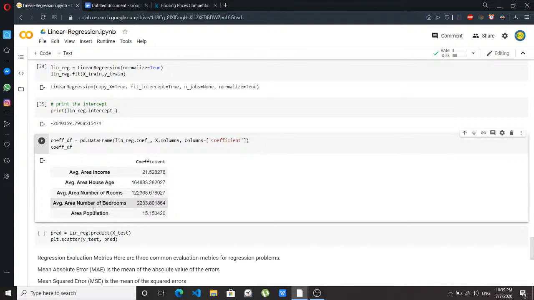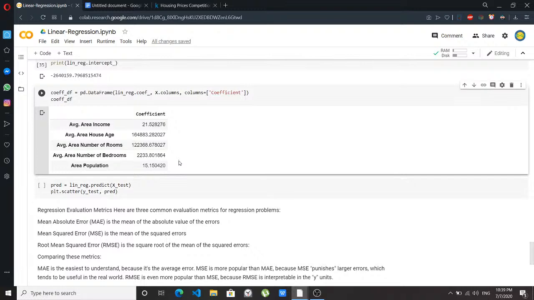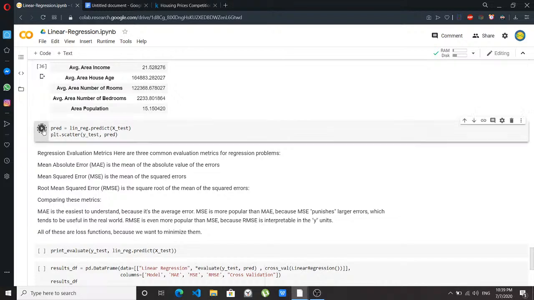For the rooms, this is the coefficient. These coefficients are found, and you can see the linear dot coefficient. I used the X columns. The data frame provides it, so I'm converting it. This was converted into a data frame for better printing, and now I'm printing it using this.